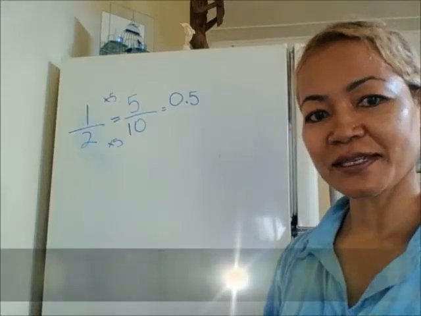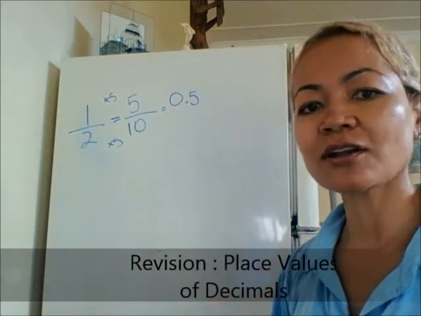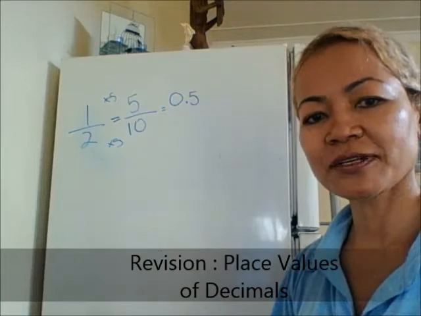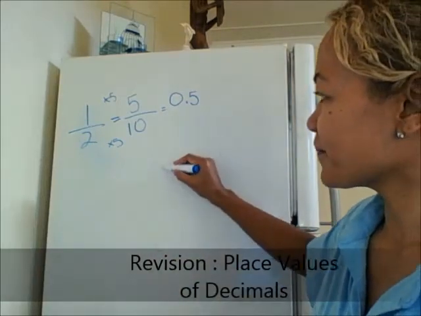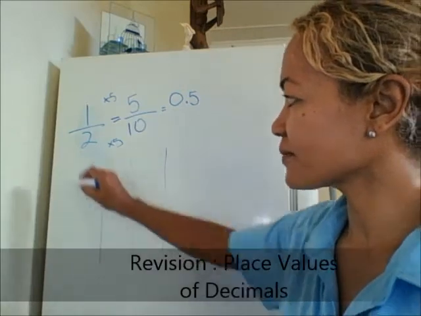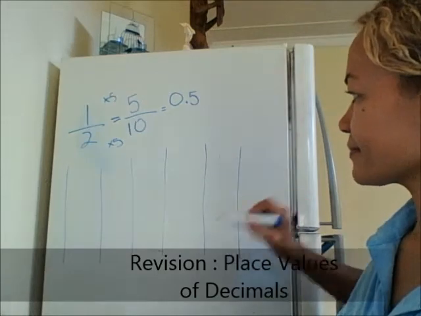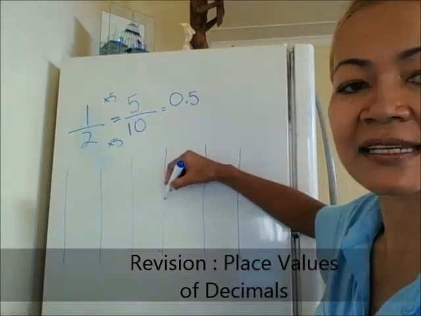The next thing we have to explain is where in whole numbers you have a ones column, a tens column, hundreds. Okay, so let's just show those columns again. Say the decimal place is here.